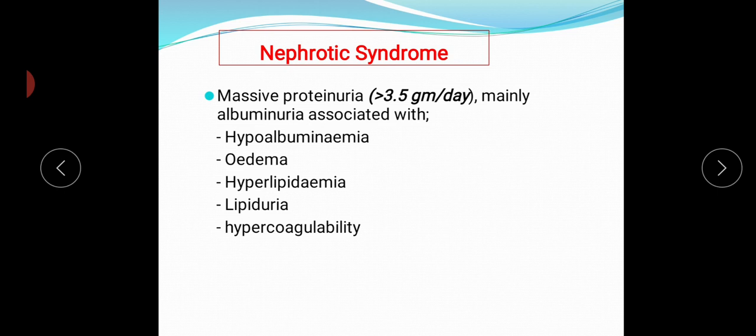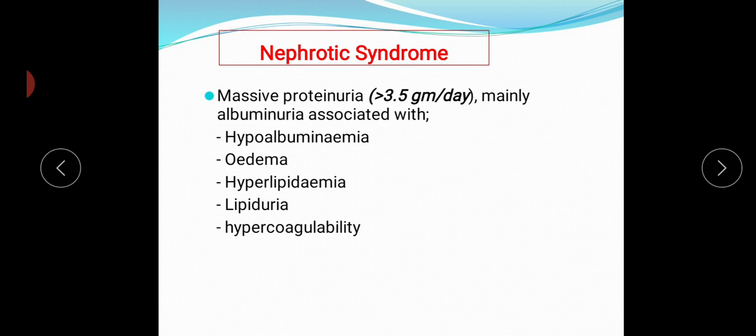This syndrome is associated with hypoalbuminemia, because the plasma proteins will be filtered and excreted. So there will be a decrease in the plasma proteins within the blood, mainly albumin. Then there will be edema, because plasma proteins create oncotic pressure, which prevents excess fluid within the interstitial space.